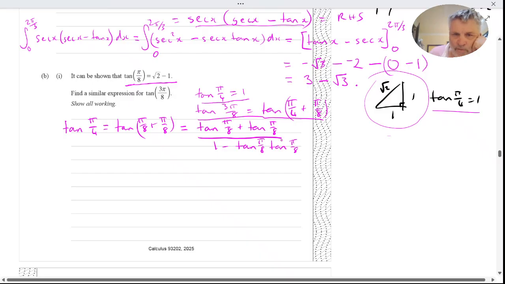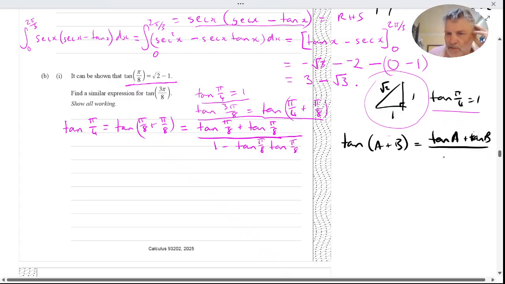So multiplied by tan pi over 8. That's just a straightforward application of this rule. Tan A plus B is tan A plus tan B divided by 1 minus the product of the two tangents.